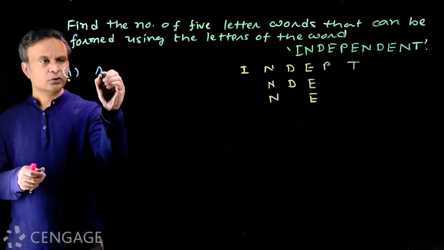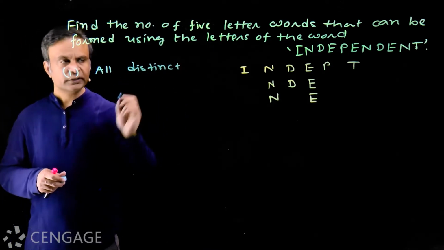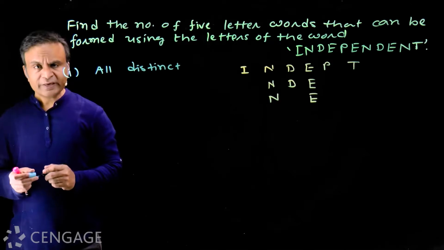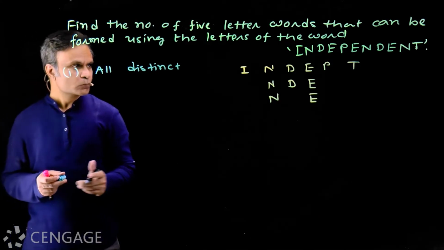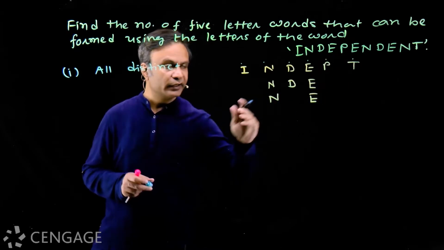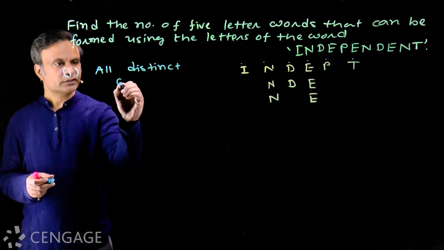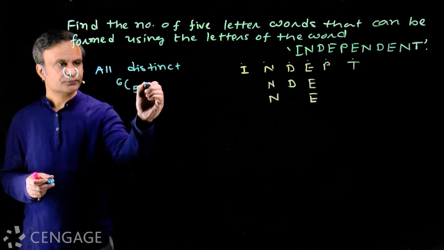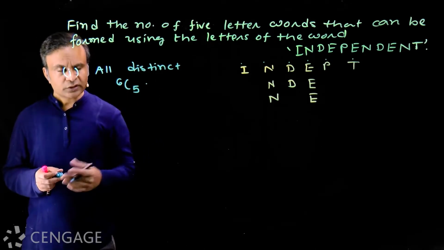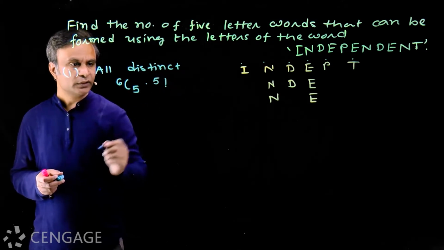First case, all letters are distinct. Now how many distinct letters we have? We have 1, 2, 3, 4, 5 and 6. We have 6 distinct letters and we can select 5 letters in 6C5 ways. Now since all the letters are distinct, we can arrange 5 letters in 5 factorial ways.